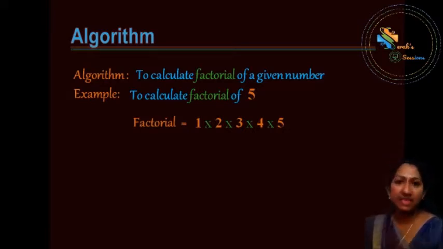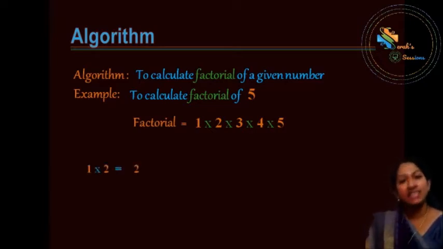So we'll discuss this method today, and we'll find out how to write an algorithm for this particular problem, which includes repetition. Let's assume that our first step is 1 into 2.